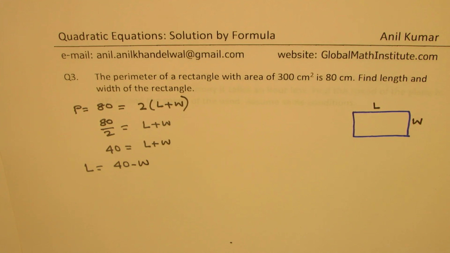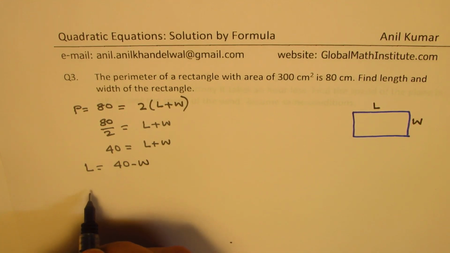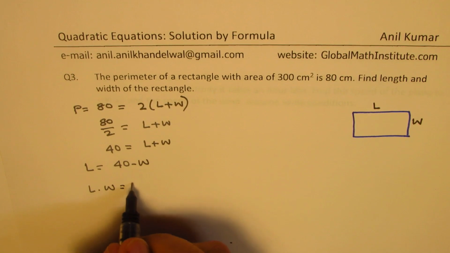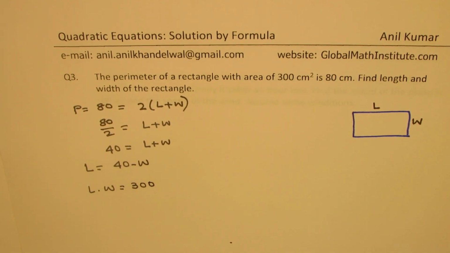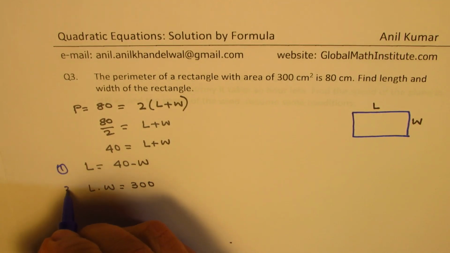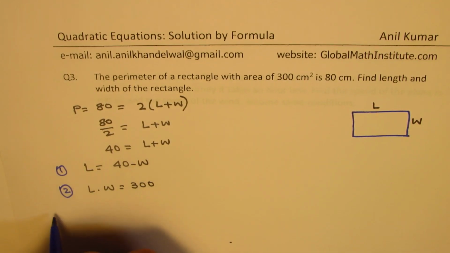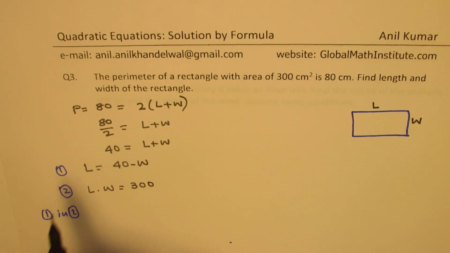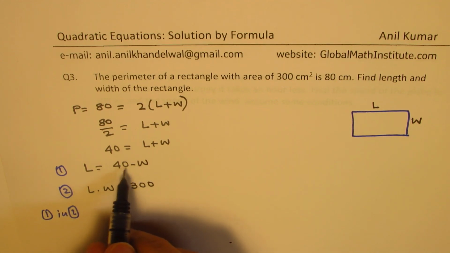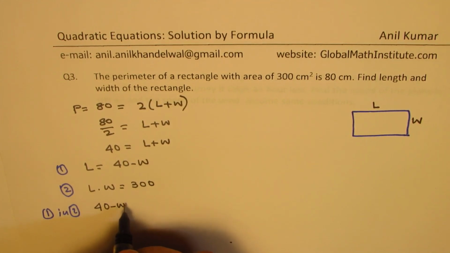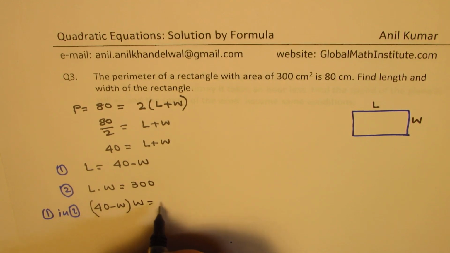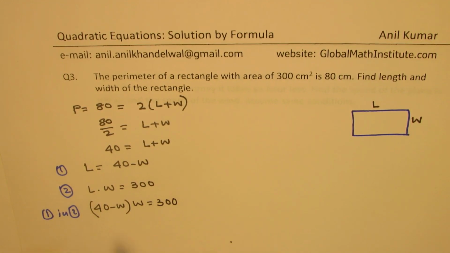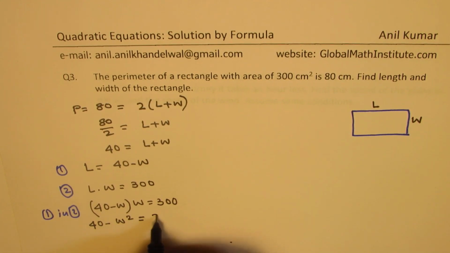The other condition given to us is about the area. We get length times width equals 300. Now, let's call this our equation 1 and this equation 2. So we are going to substitute 1 in 2 to get another equation in one variable. So length is 40 minus W, times W is 300. So we get our equation, which is (40 minus W) times W equals 300.